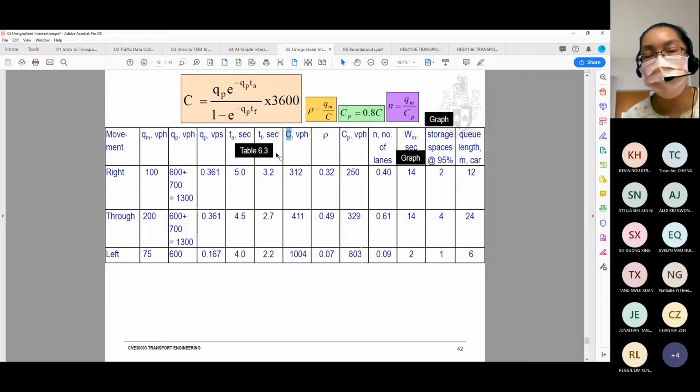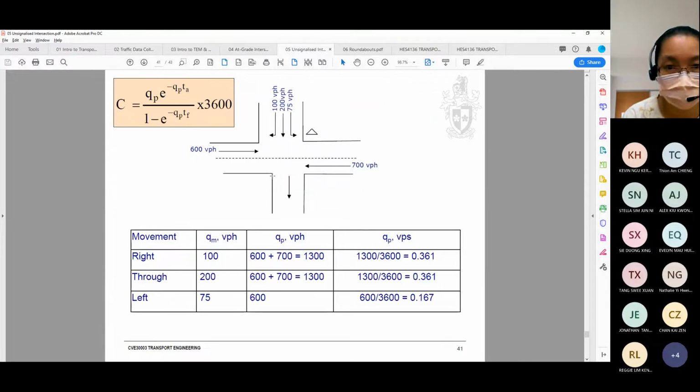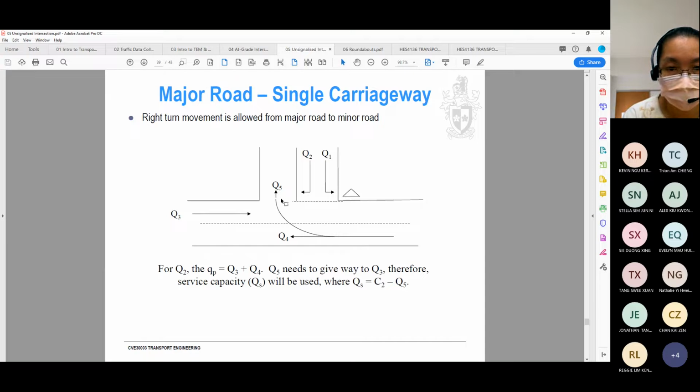So when would we use QS? The service capacity is used when you have a movement that gives way to another movement that has also got to give way. For example, when you have this, if you are calculating for Q2, then we need to use QS.